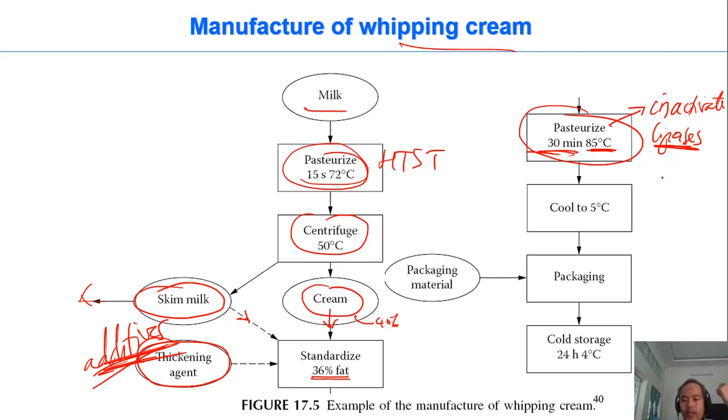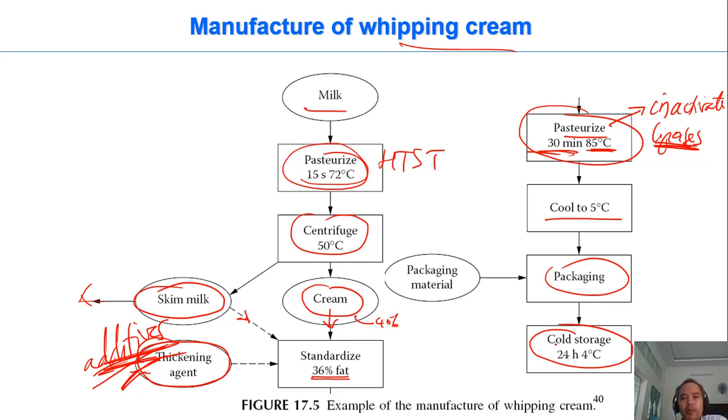Because our product is rich in fat, we have to inactivate this enzyme to prevent rancidity. And because we add something here, we also need to pasteurize again to destroy microorganisms. Then we apply cooling, packaging, and then we have the product ready for selling and marketing.